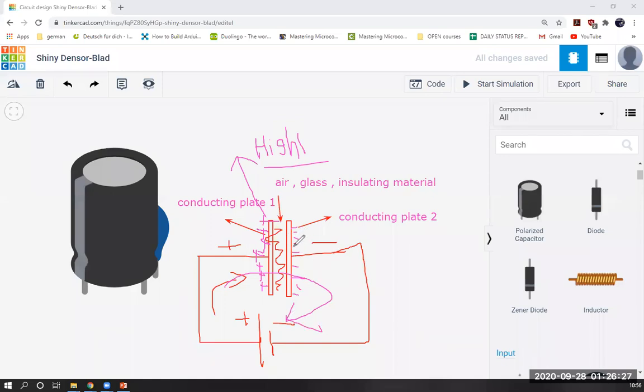If I give you an example, have you seen sparking in batteries? When you take a battery in your hand and you have a wire connected to it, and when you touch the negative and positive, what happens? There is a spark between the two terminals, right? The spark is nothing but conduction.